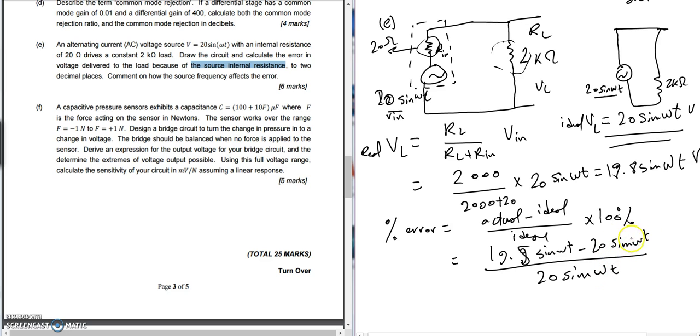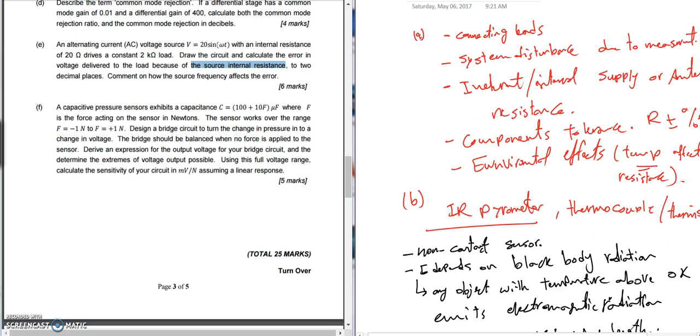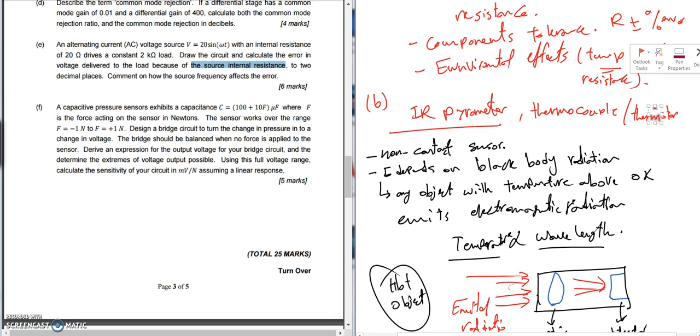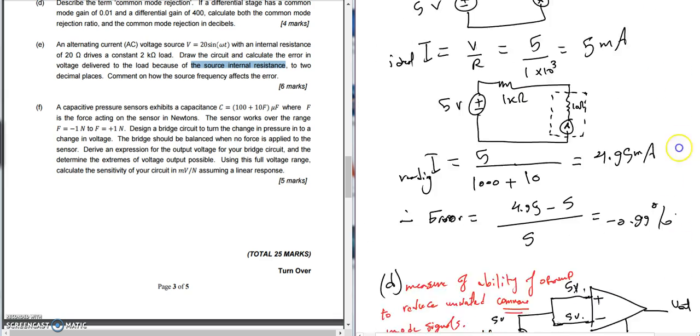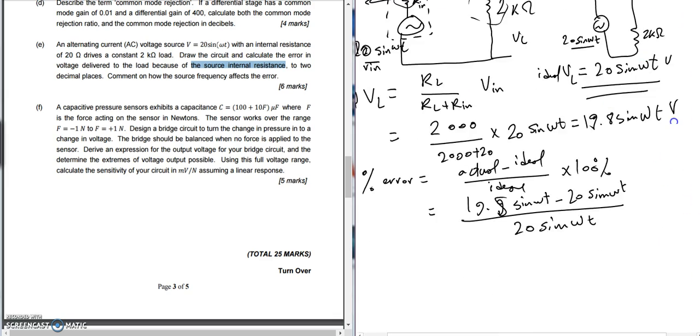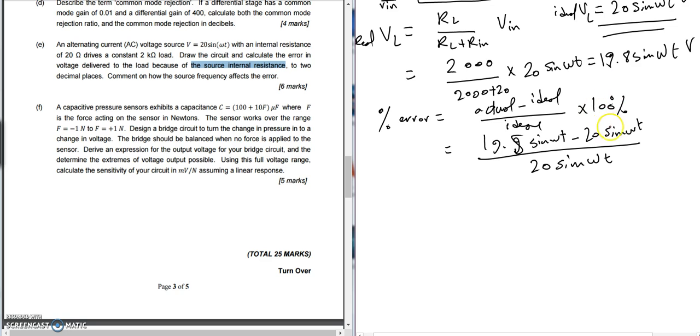If you notice, you can just simply cancel out sine omega t because it's common. So you'll end up with basically 19.8 minus 20 over 20 times obviously 100%.